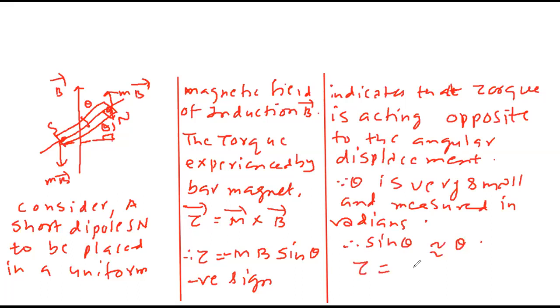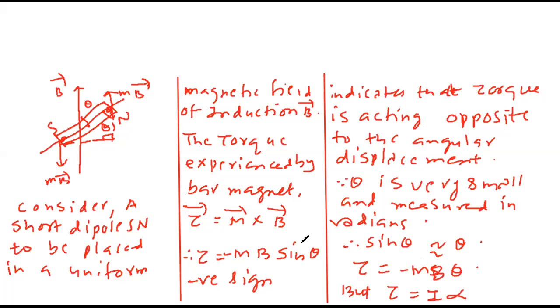So tau equals minus mB theta, but tau equals I alpha.